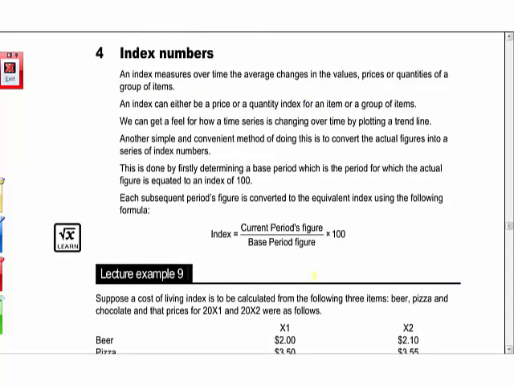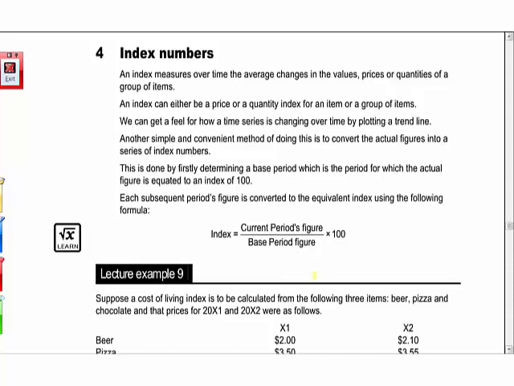The final forecasting technique we're going to be looking at now is index numbers. An index number then measures changes over time for a group of items or an individual item. So one of the most common groups of items then is the Consumer Price Index, which looks at measuring inflation based upon a basket of goods.